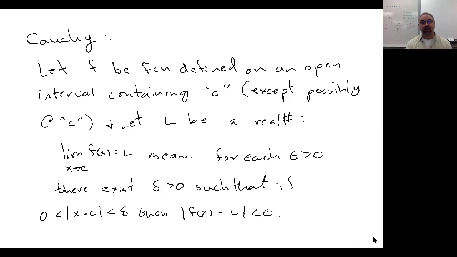Let's take a look at an example with a very simple limit. The limit as x approaches 3 of 2x minus 5. Well, we already know what the limit is. We could do direct substitution, and we get a limit of 1. That's not what Cauchy wanted.